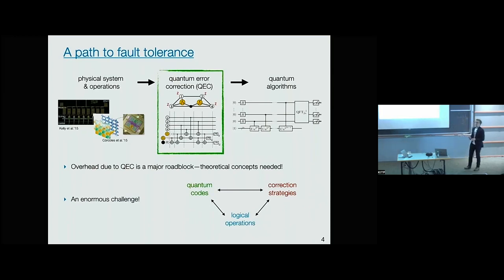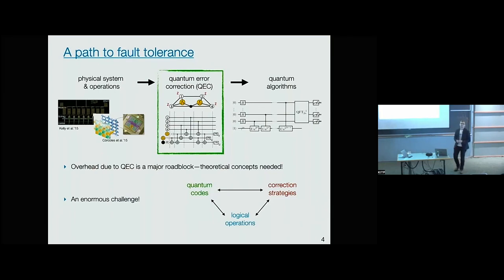So first, we need to specify quantum error correcting codes that we use. So recently there has been a lot of effort, excitement to come up with good quantum LDPC codes. And then once we have some codes, we need to understand how to do error correction with those codes, what operators to measure, how to infer what corrections to apply from some classical data.